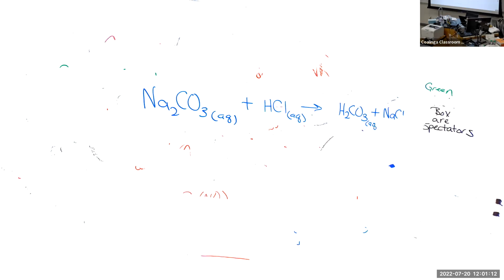We know that this is unstable, right? So if it's unstable, it's going to be making CO2 plus H2O.